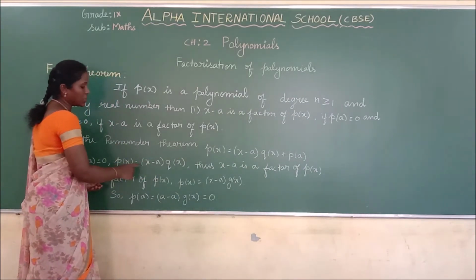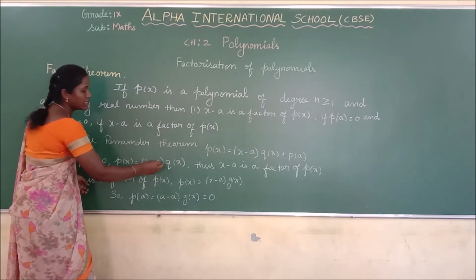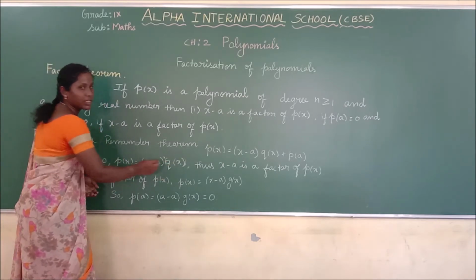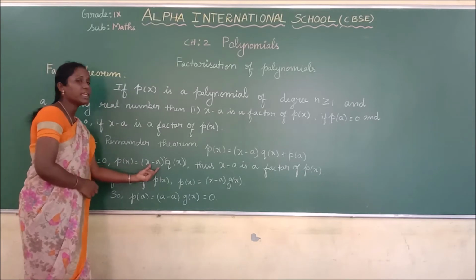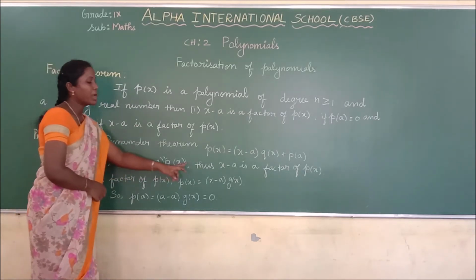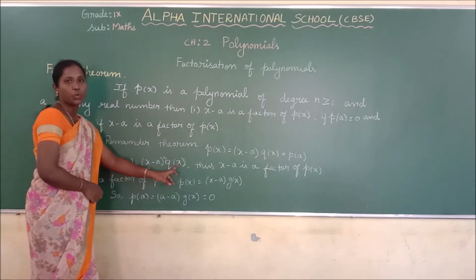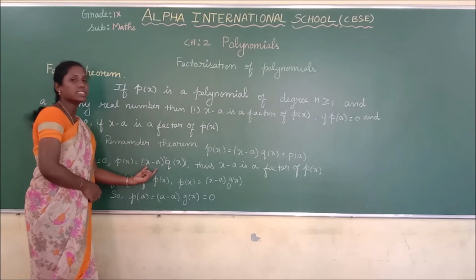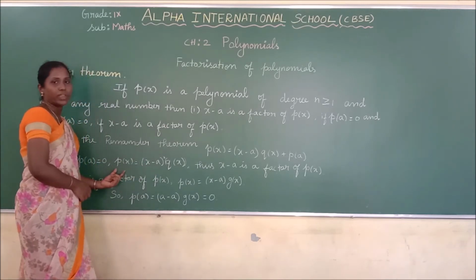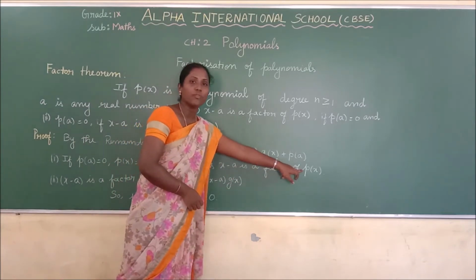So p of x is in the product of two factors, and surely x minus a will be one of the factors of p of x. So we can say that x minus a is a factor of p of x.